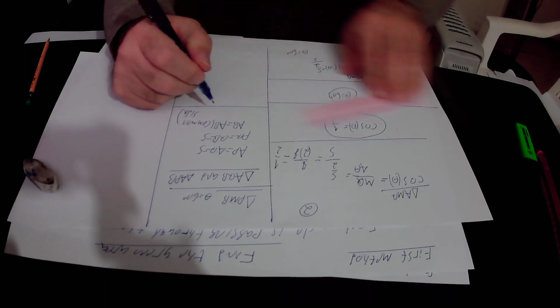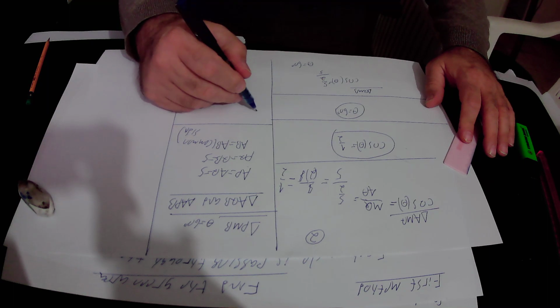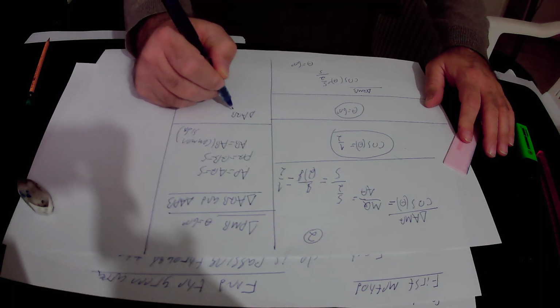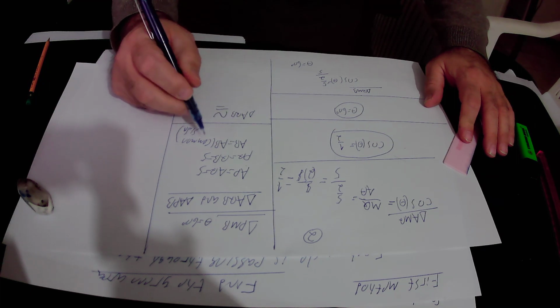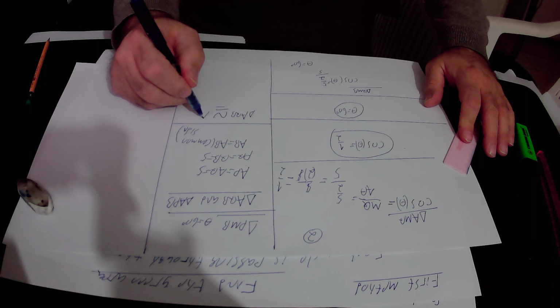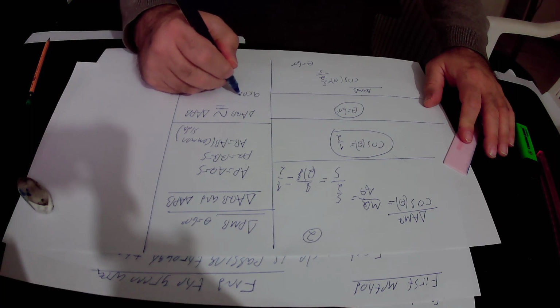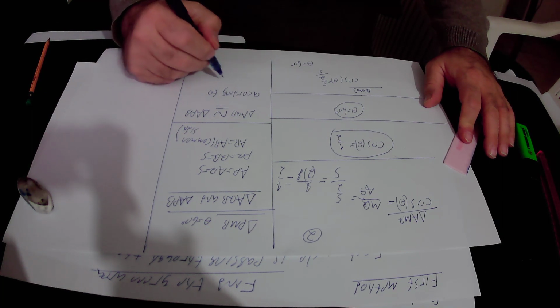So we actually found out that triangle AQB can go to triangle APB according to the side rule.